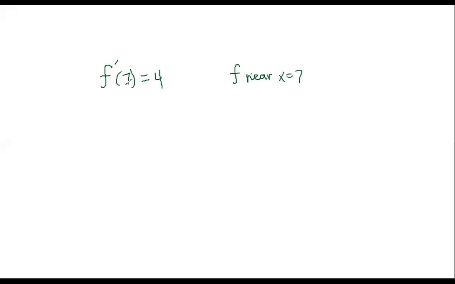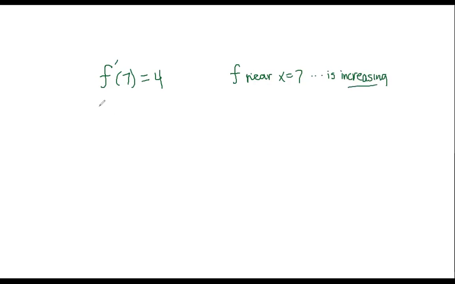Well, if f prime of 7 is 4, this is a rate of change that's 4. So I don't know precisely what's going on, but I know that it is increasing, right? Because that's a positive derivative.